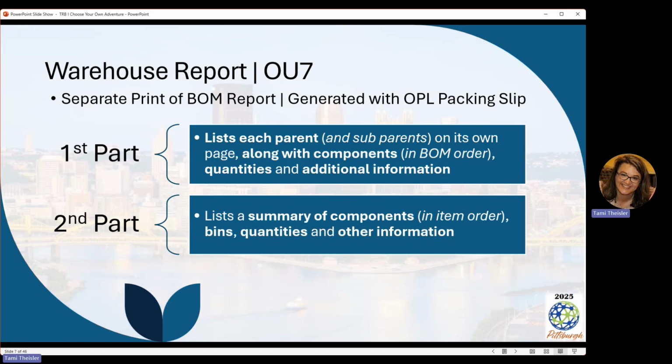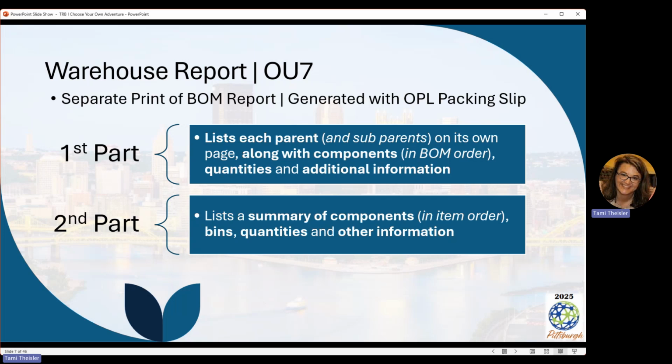This next report is the OU7 report, and this is for some of you utilizing bill of materials and creating either direct bills or internal fabs or external fabs. This is a separate print of the bill of material report. It gets generated automatically with your OPL packing slip, and there are two parts to this report.